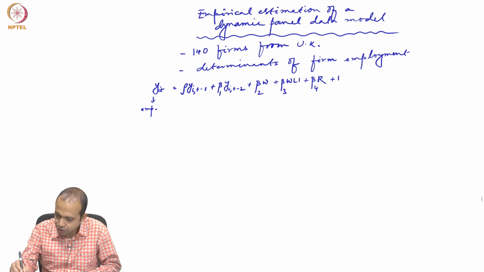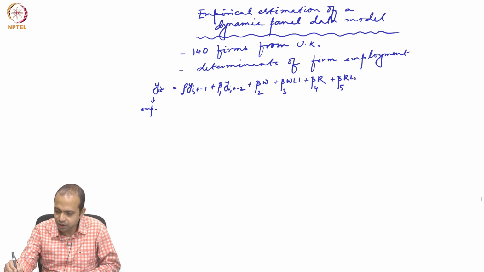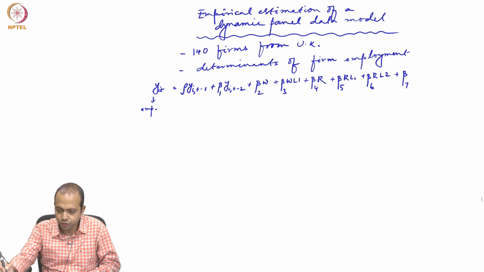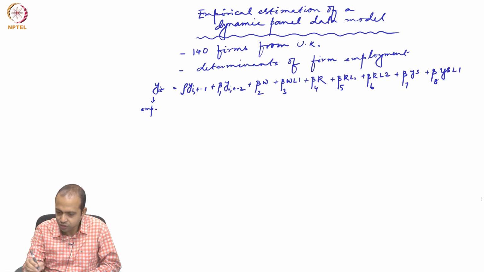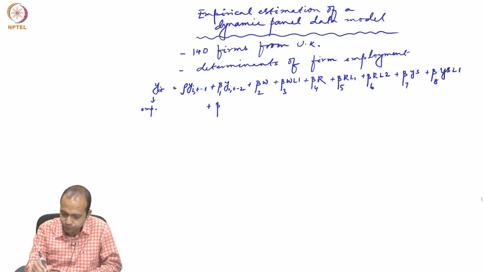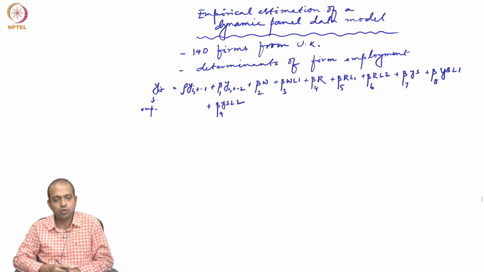plus beta 5 lag of capital, and then beta 6 second lag of capital, then beta 7 output, firm sector output, then beta 8 first lag of firm output, which is L1, plus beta 9 second lag of the output.